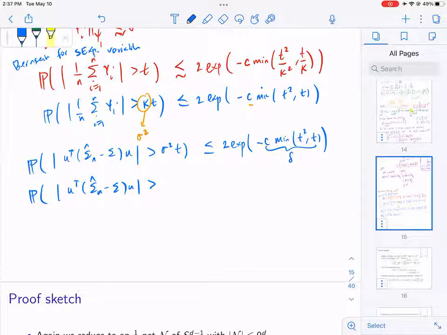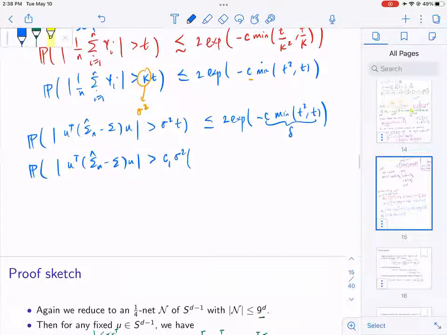Now let's do delta, right? There's going to be another constant, let's call this c1, sigma squared. If you invert it, t would be root delta plus delta, something like that, okay?